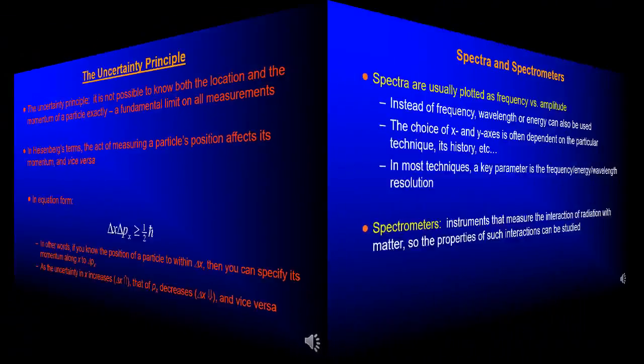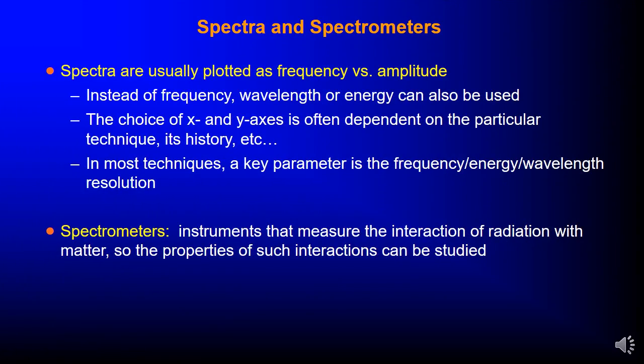Spectra and spectrometers. Spectra are usually plotted as frequency versus amplitude. Instead of frequency, wavelength or energy can also be used. The choice of x and y axis is often dependent on the particular technique.